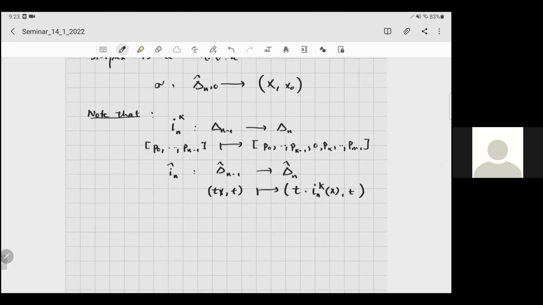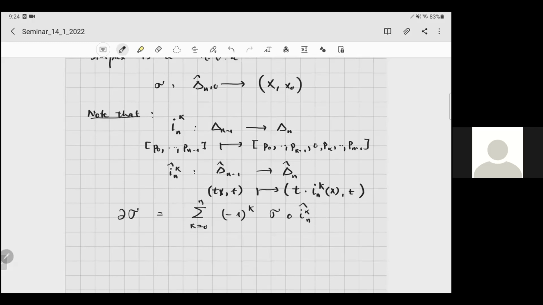So we can also define the boundary map as usual. I just take the sum, k equals 0 to n, of (-1)^k times σ composed with the k-th face map.